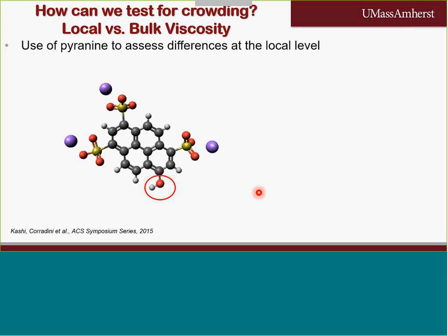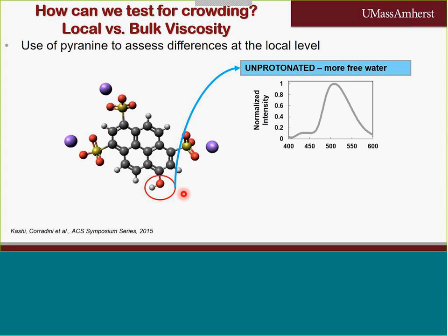This particular probe, and of course this optical strategy, relies on the characteristics of this compound, which exists in two forms. If it is protonated, there is more free water around the probe and it exhibits a peak around 500.